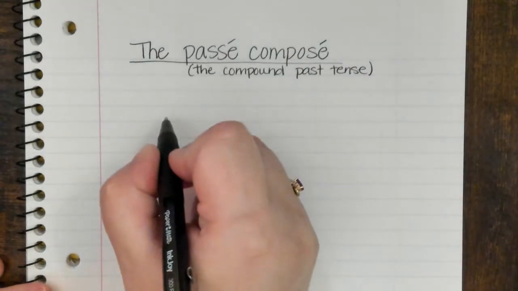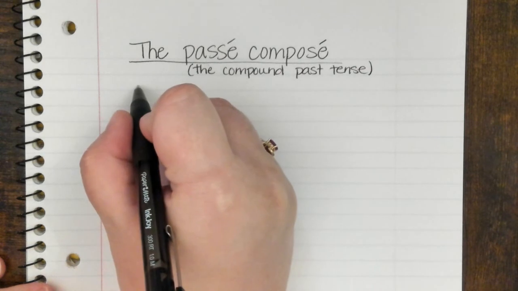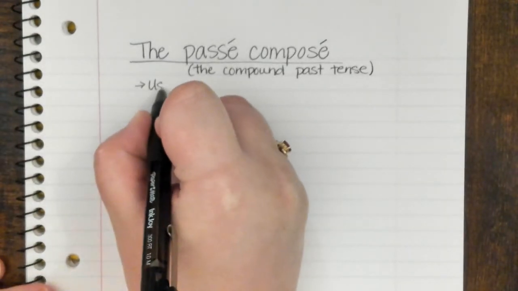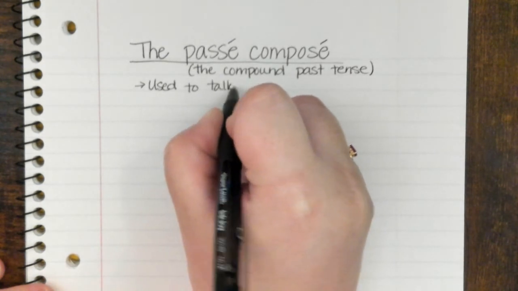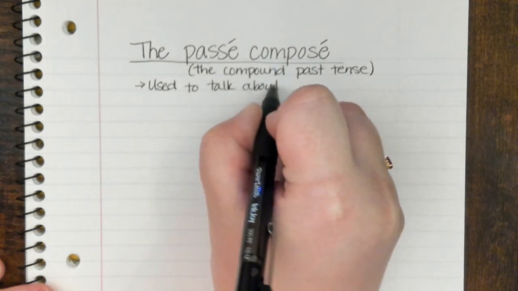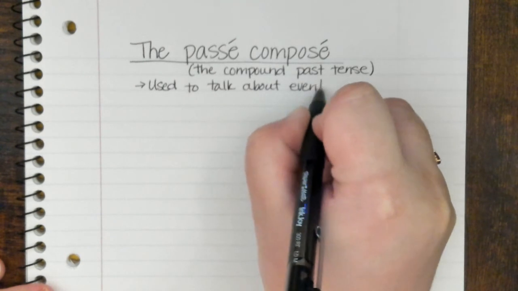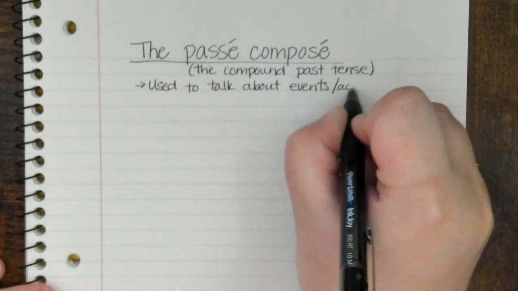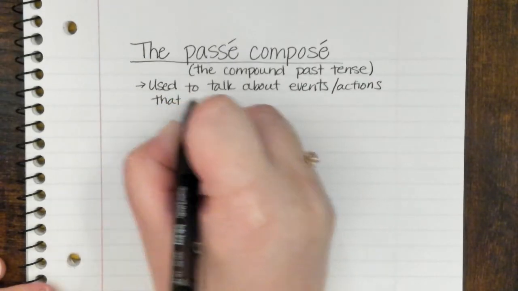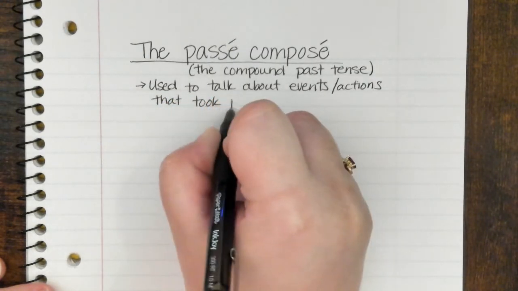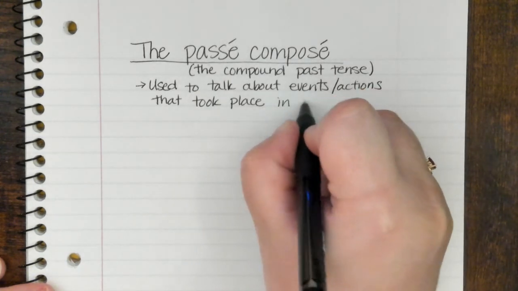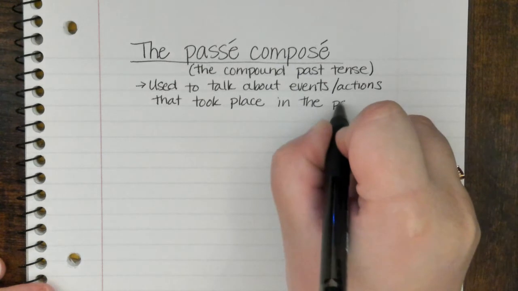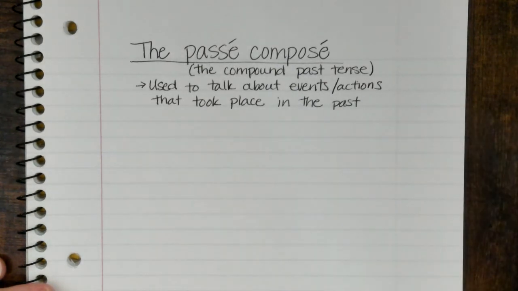The passé composé is used to talk about events or actions that took place in the past and are already completed.